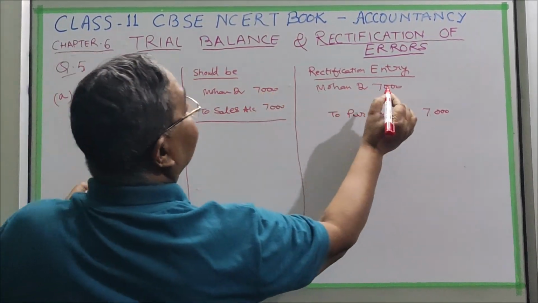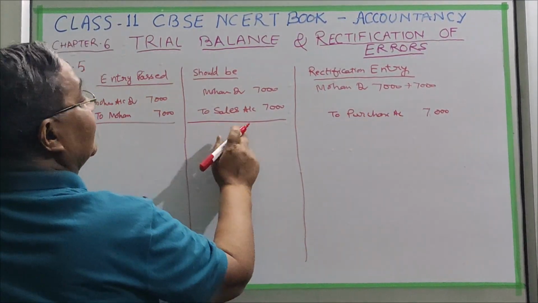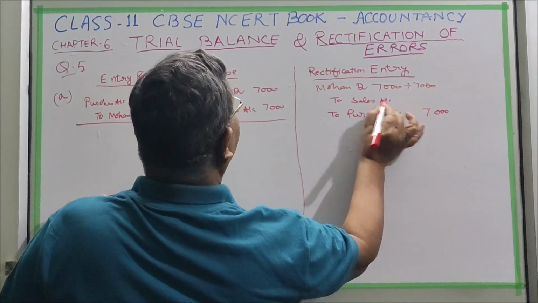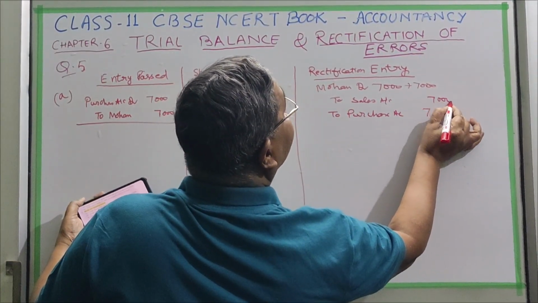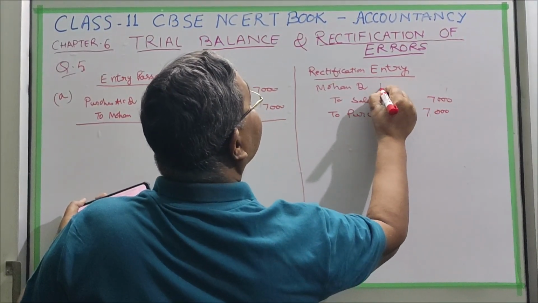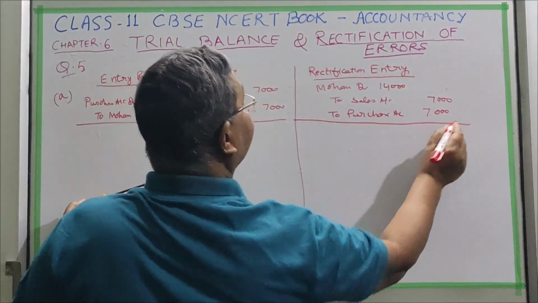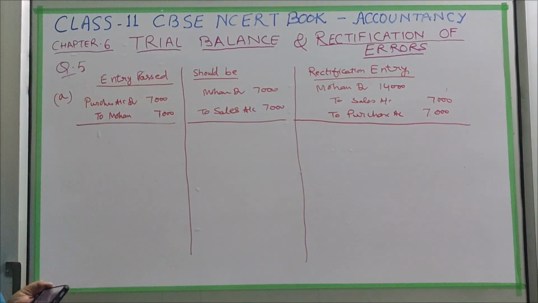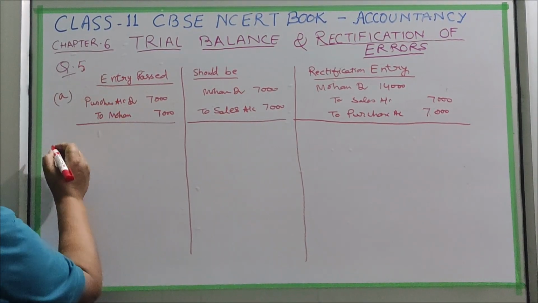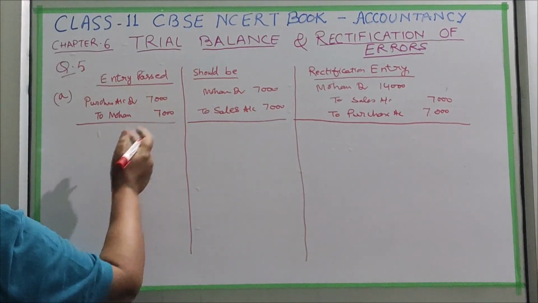Mohan debit 7,000. This also will come here. And sales account should be credited, to sales account 7,000. So here the total amount will become 14,000, 7,000 plus 7,000. It will be your rectification entry. One entry and this will be done. You see, the purchase book has made a credit and sales book should have done a debit. That was not done.